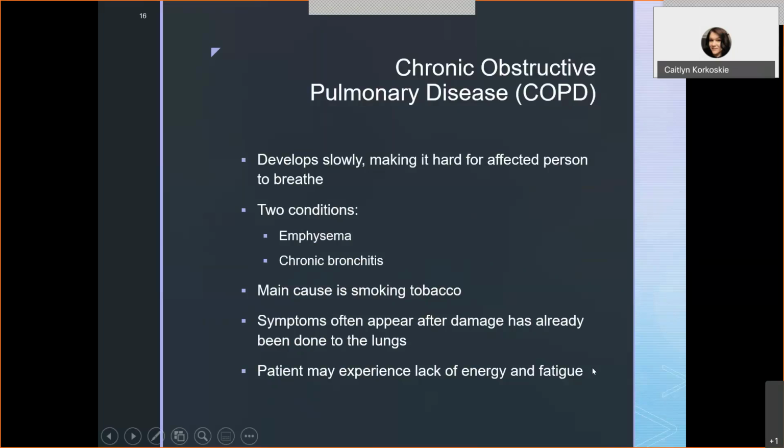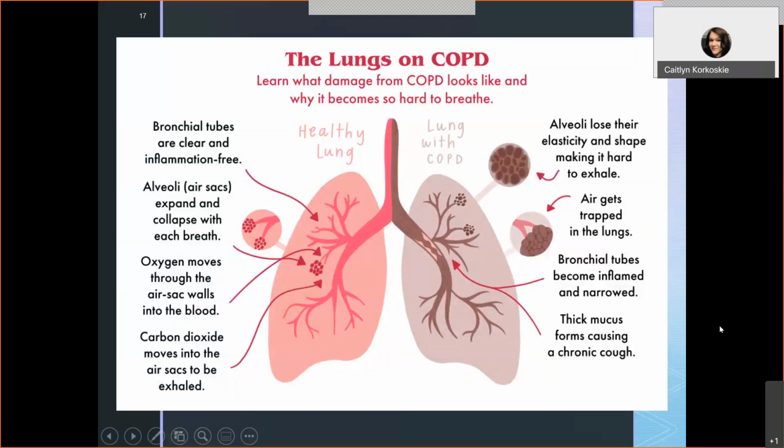So it does cause a lack of energy and fatigue, because doing most things will make them out of breath a lot faster, and that makes you pretty tired. This is what it looks like for someone who has COPD. This is the normal, healthy lung over here, and this is someone who has COPD.